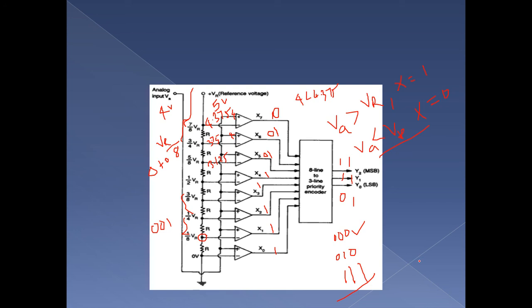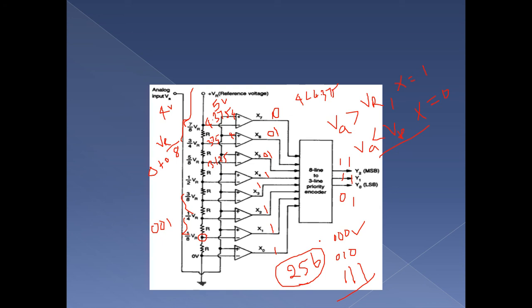The main disadvantage of the flash AD converter is that if we are using an 8-bit flash AD converter, then it requires 256 comparators. Then the circuit will be huge and the cost will be high.